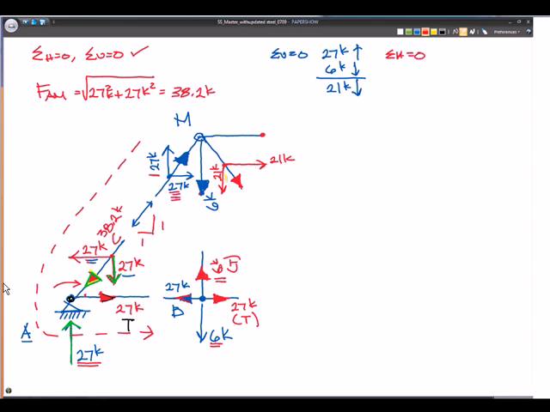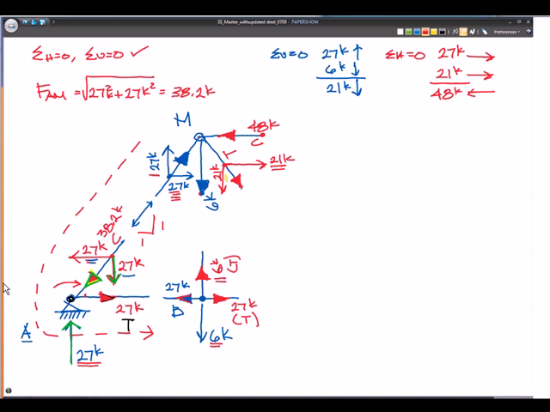We have 27 kips to the right from the diagonal AM, and we have 21 kips to the right. So we have 48 kips to the right, so we need 48 kips back to the left. And that's what member MN will give us. So this has to be 48 kips. And that's compression. And this member is tension.